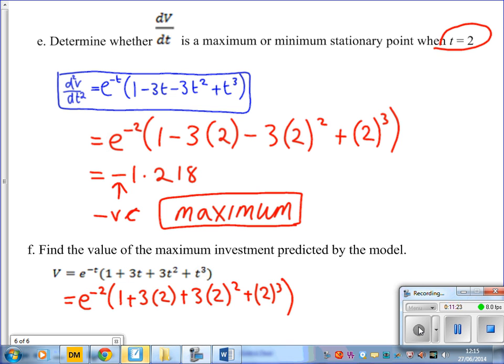And putting that into my calculator, remember this answer is in thousands of pounds, so the actual investment is 3654.